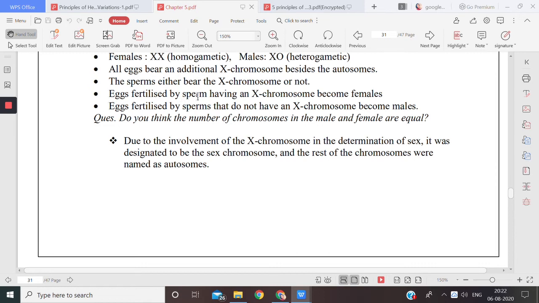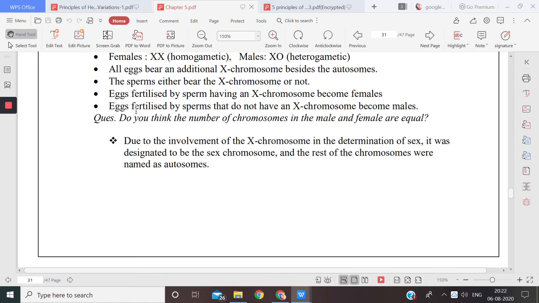Eggs fertilized by sperm having X become female. Now, this is a very important point. Male has two types of gametes, either X or O. If the X goes to the egg, then a female is produced, because the combination will be XX.